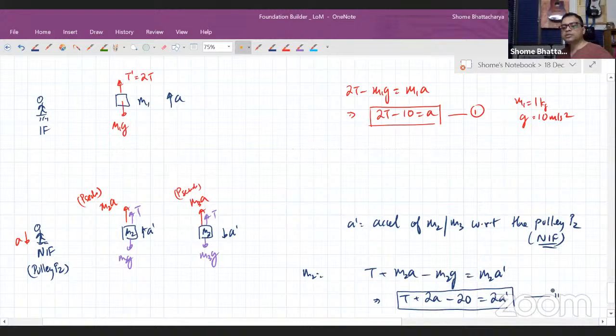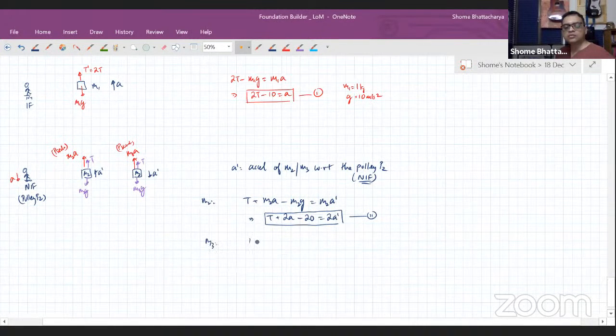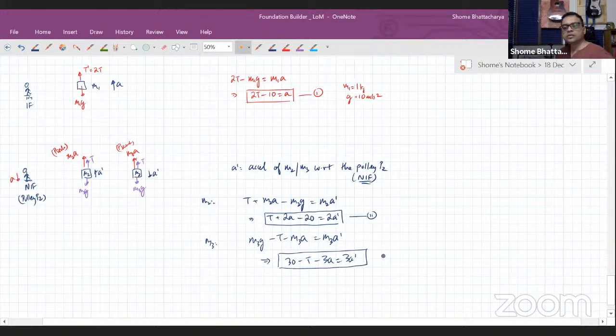So this is my equation number 2, which I've written for the second block. And finally, for the third block, I have the equation weight minus tension minus pseudo force is the net force downwards, equal to mass into acceleration. So I have 30 minus T minus 3A is equal to 3A prime. So this is becoming my third equation.